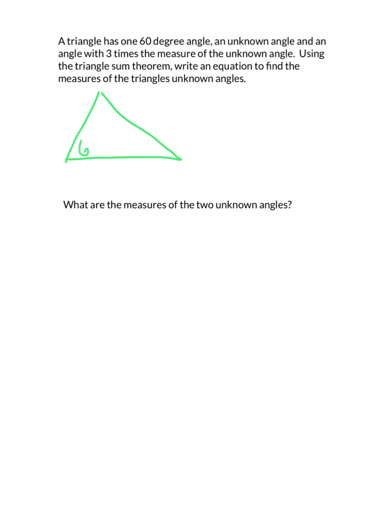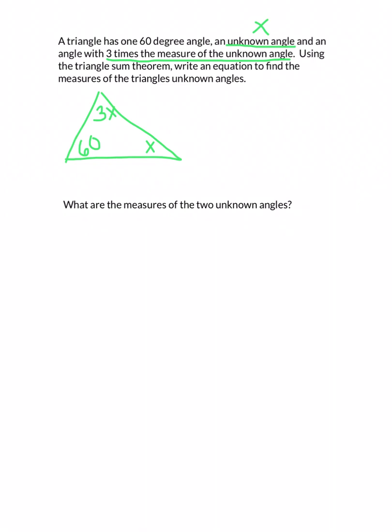Another angle we don't know, so I'm going to call that x. Then we have our other angle, which is 3 times the measure of the unknown angle. So up here, I'm going to call this guy 3x.